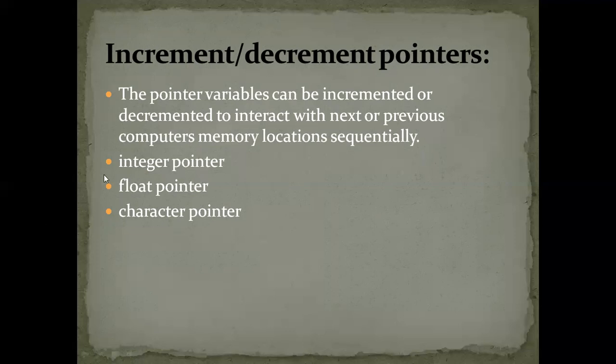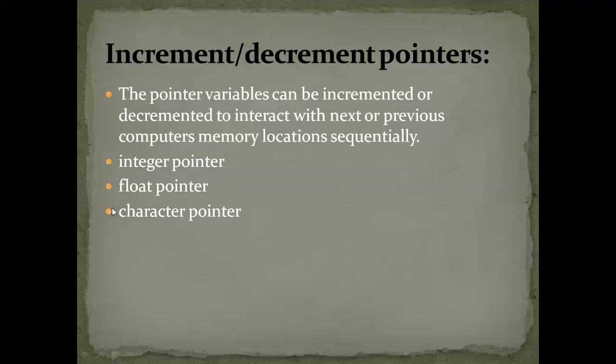What is the size of the integer? 2 bytes. Similarly, for the float pointer, whenever we increment or decrement it, it will be incremented or decremented by 4. Why 4? Because it occupies 4 bytes.